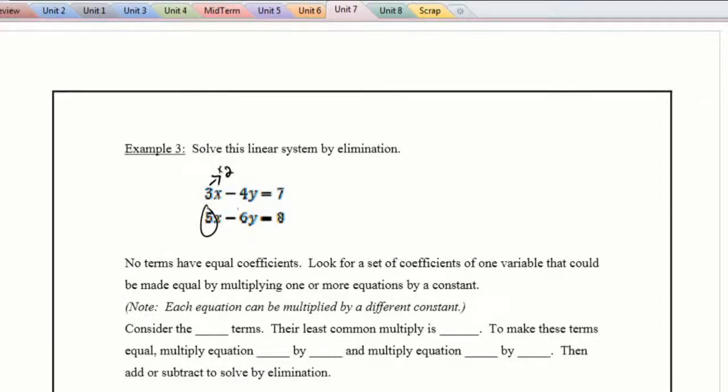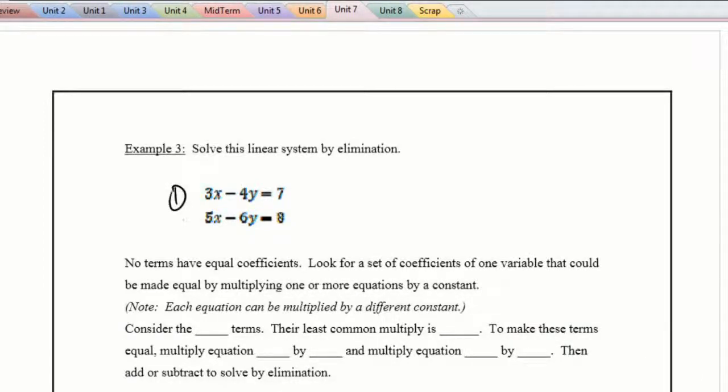That's not going to be a 5, so that's not going to work. I can't multiply the 5 by anything to give me a 3, so that's not going to work. And then same here. If I multiply this 4 by, let's say, 2, I get 8, which is bigger than 6 already. And I can't multiply 6 by any integer value to give me 4. So I've run into a bit of a problem.